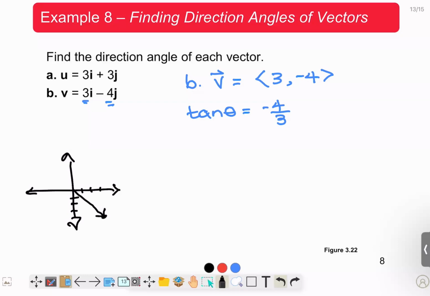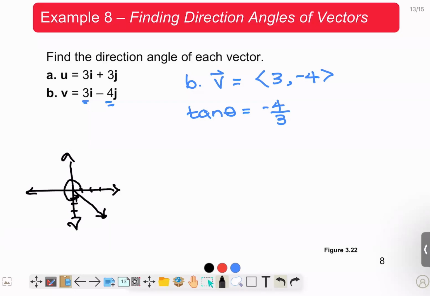So the angle that we're looking for, we want it to be measured positively, so starting at the x-axis, going counterclockwise. This is the angle that we want. I know that using the inverse of tangent, what I'm going to get is this same angle, but negative.